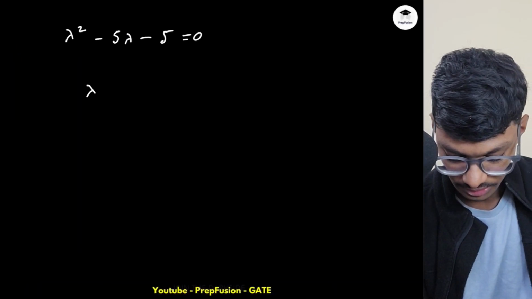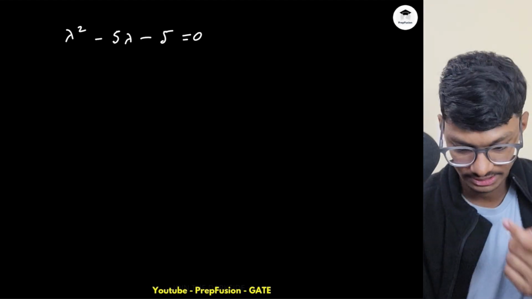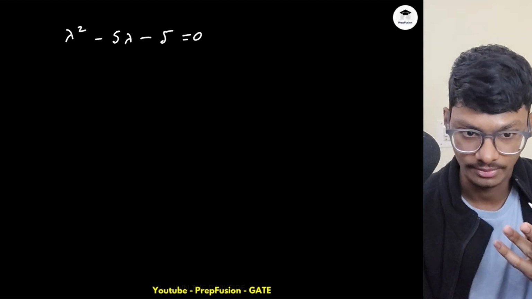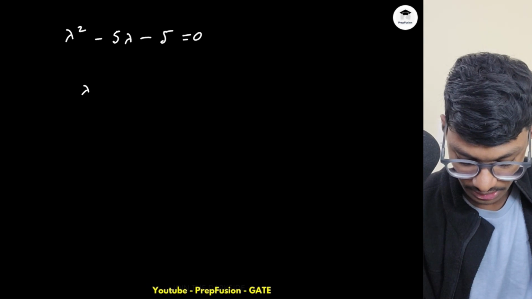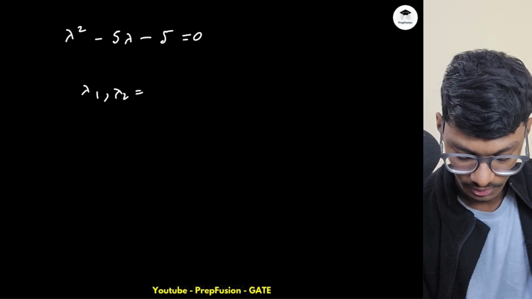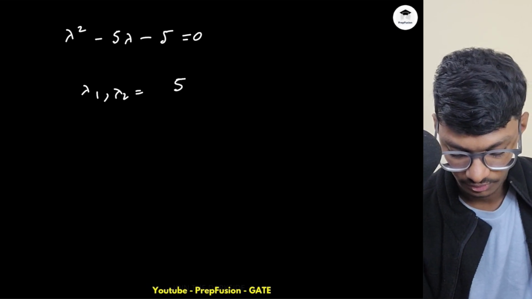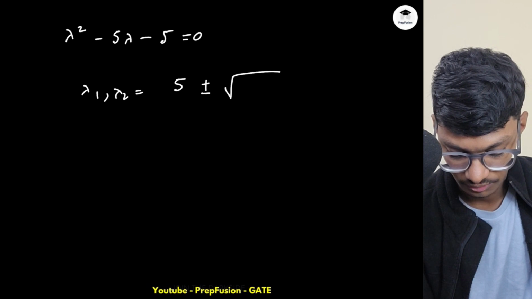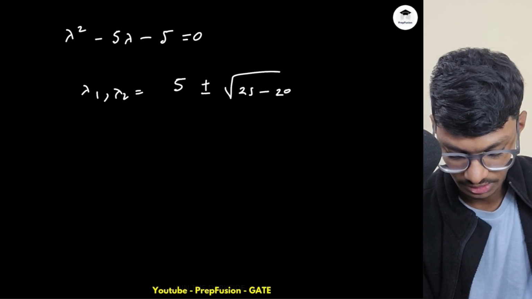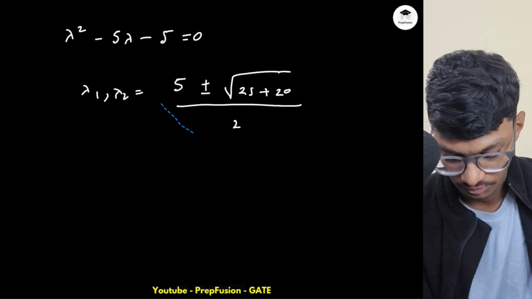So lambda 1, lambda 2 is equal to minus b, which is 5, plus or minus the square root of b square, which is 25, minus 4ac, which is plus 20, divided by 2.